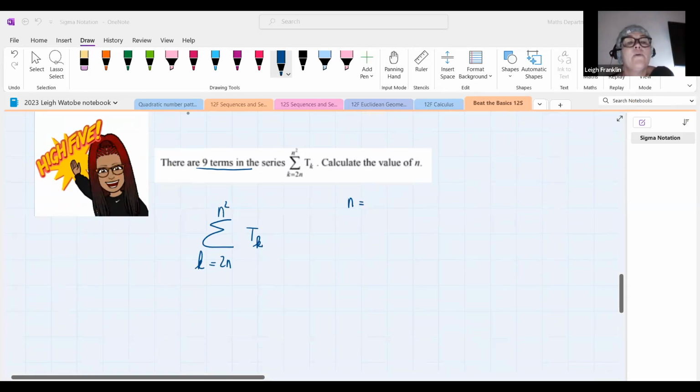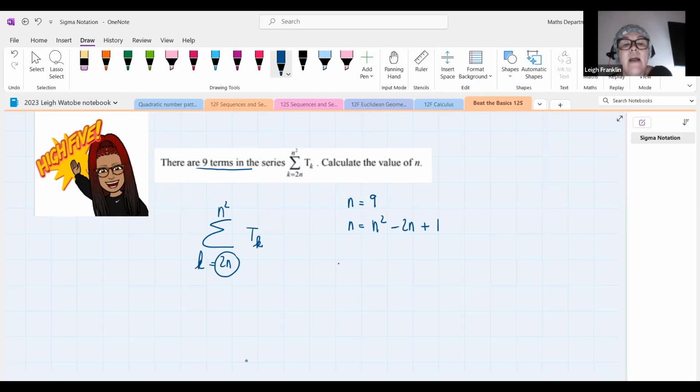So they tell us there are 9 terms in the series. So that means that n is equal to 9. The number at the top in this case is n squared, minus the number at the bottom, in this case 2n, plus 1.